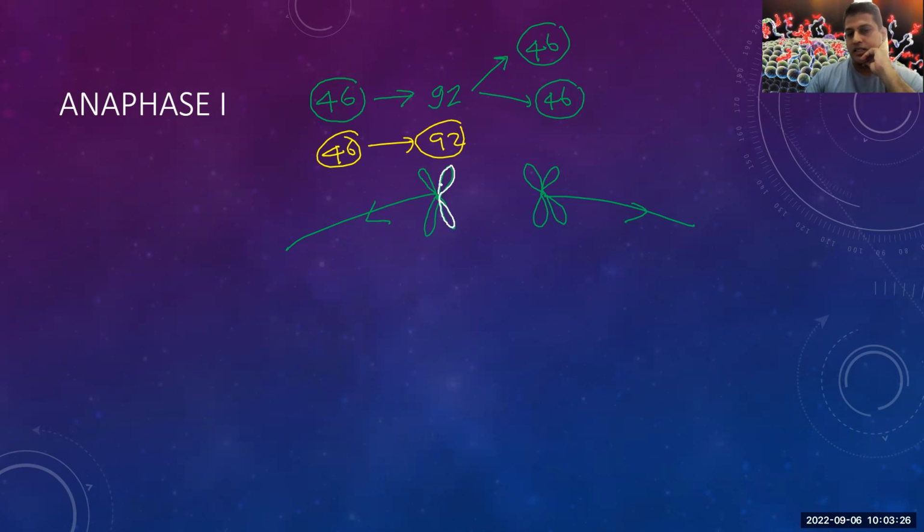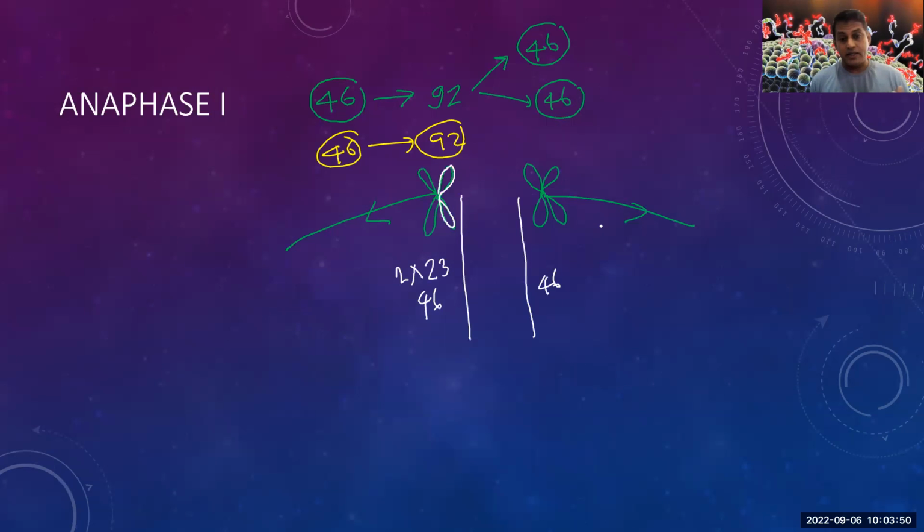Now, how many can we see on this side? 23 chromosomes. Now, 23 chromosomes, duplicated one. Duplicated means it is again 46. So this side has chromosome number 46 and this side has 46. Now, meiosis 1, when it makes two cells, one cell has 46, the other cell has 46. So in meiosis 1, again 46 and 46.